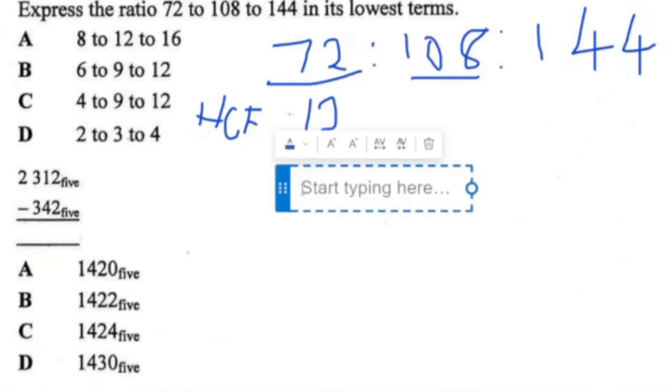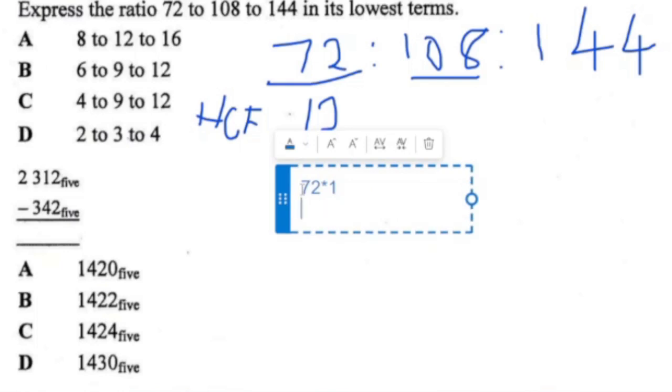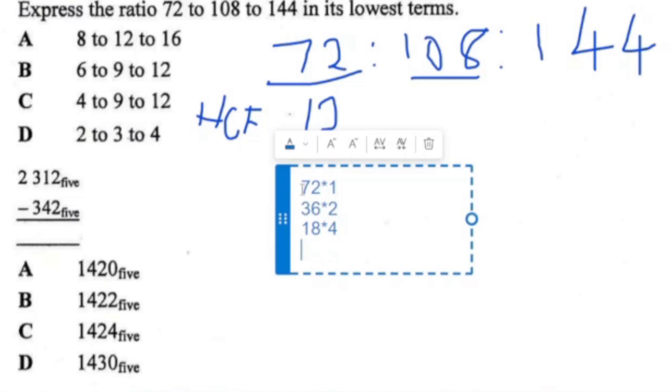I'm going to find the factors of 72, which are 72 times 1, 36 times 2, 18 times 4, and 9 times 8. Okay, so these are the factors of 72.